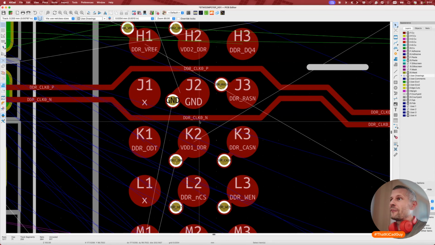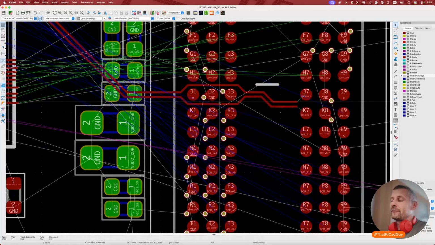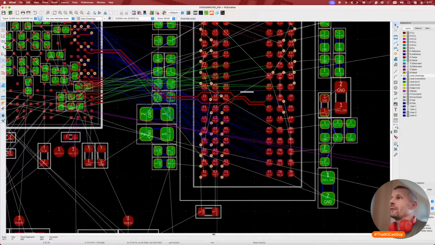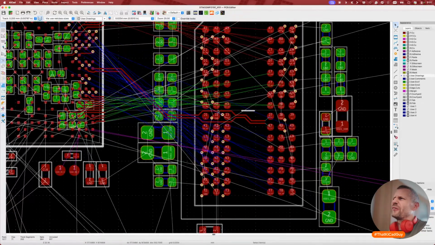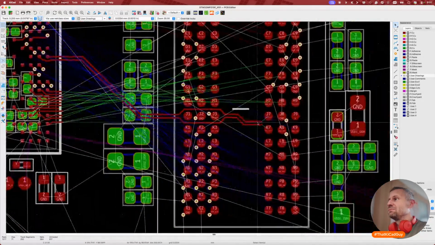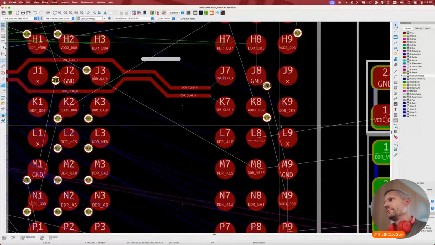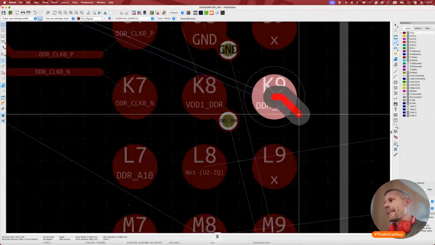So one via affects the negative clock signal, and this via affects the positive clock signal. But yeah, maybe I will keep this, but I don't know. We'll see.